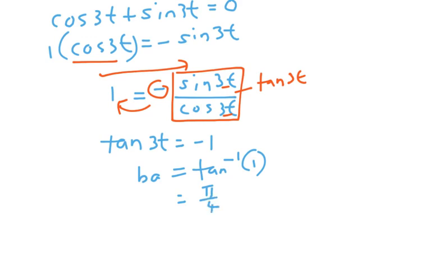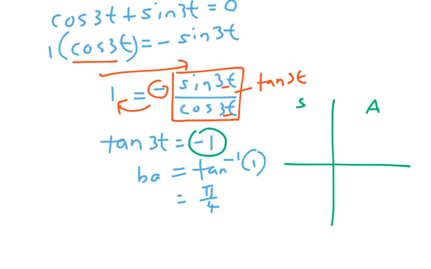If you notice that tangent of 3t is equal to negative 1, the negative indicates that it is not from the first quadrant, and also it is not from the third quadrant. So referring to your A, S, T, C, the first possible answer for your angle will be in the second quadrant, where the basic angle is pi over 4.